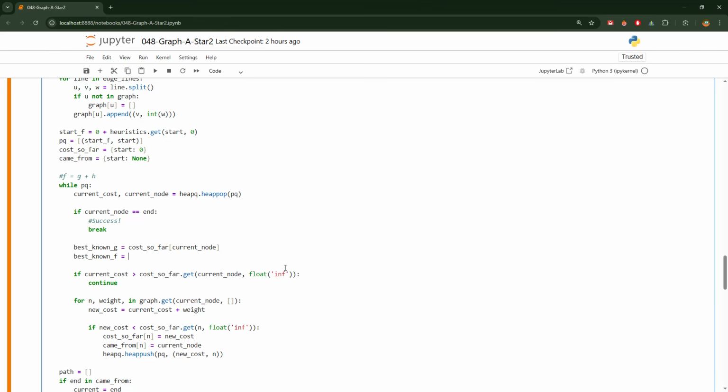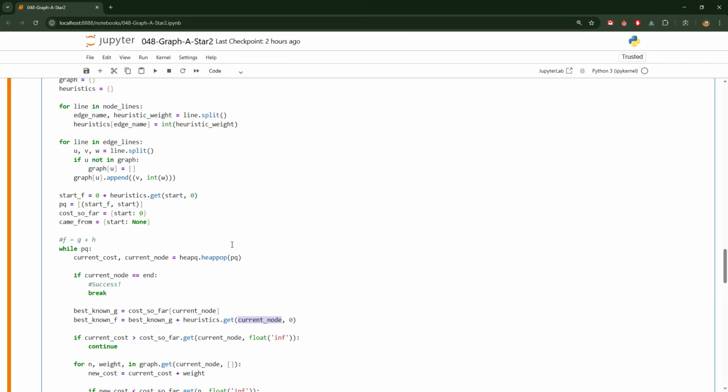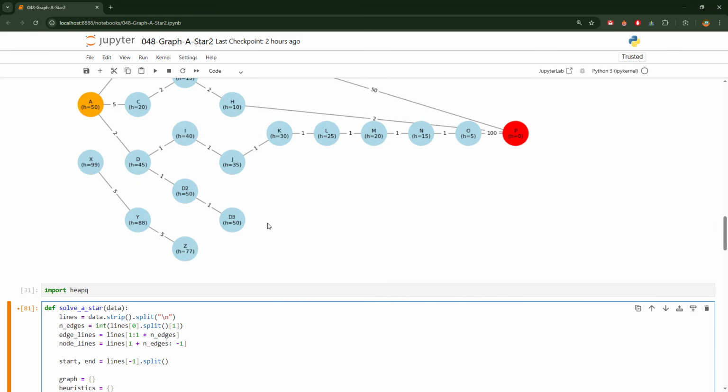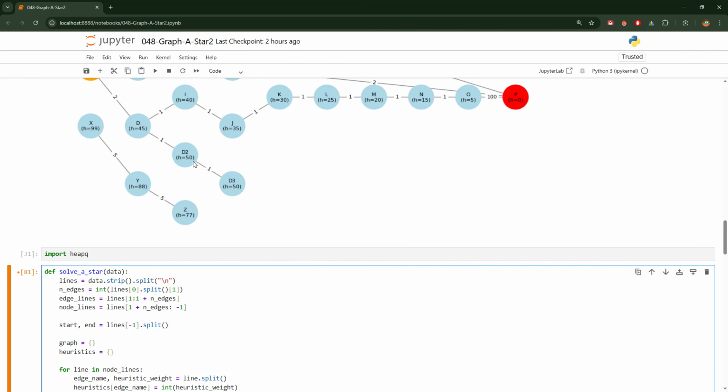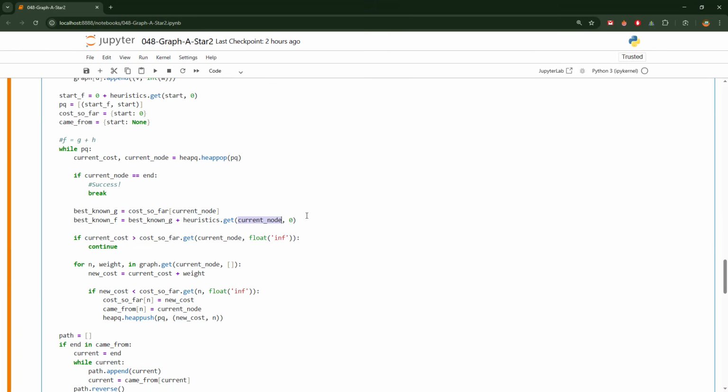And it's going to be the best known G plus heuristics, this one. Heuristics get current node or 0. This is actually for the case where we don't have heuristics for all our edges or for all our nodes. I mean, edge is the stick and node is the circle, so the city.